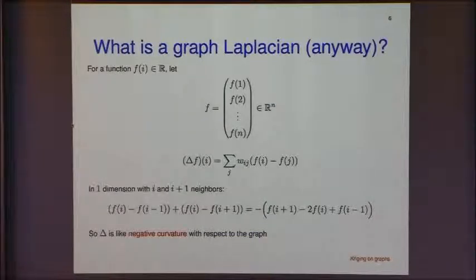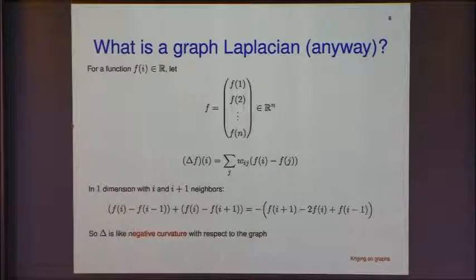So why is it even called a Laplacian? Imagine that the vertices are 1 to n, and you have some function at all of the vertices. The graph Laplacian at vertex i is this weighted sum of differences between i and its neighbors.